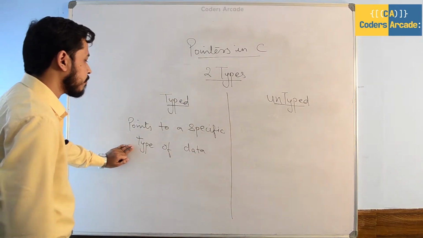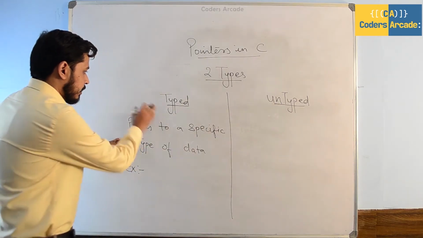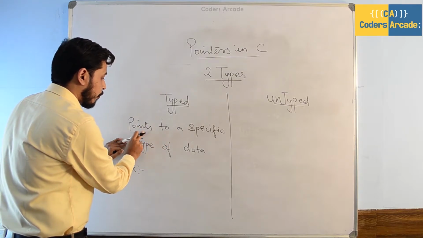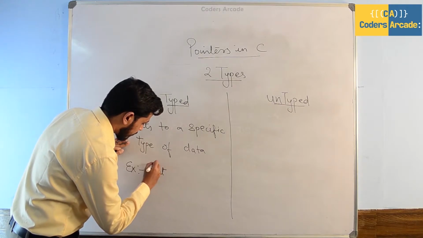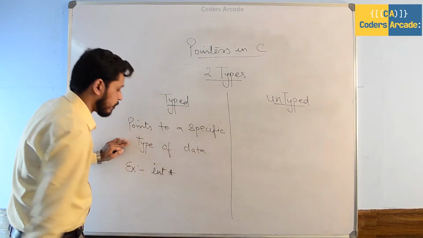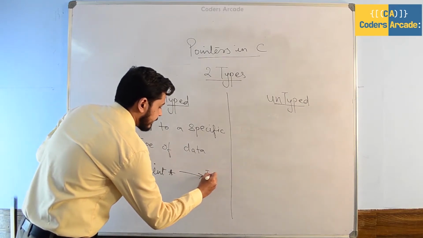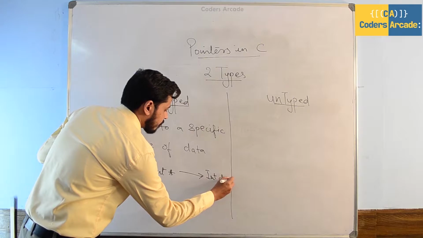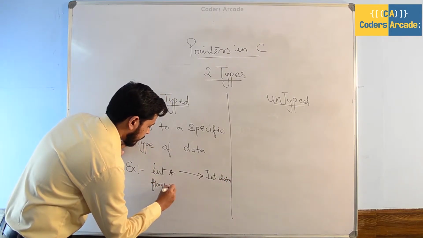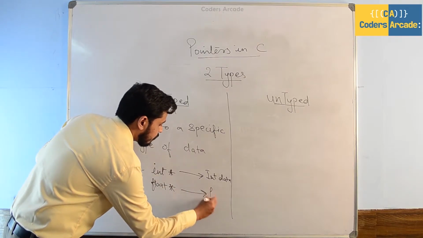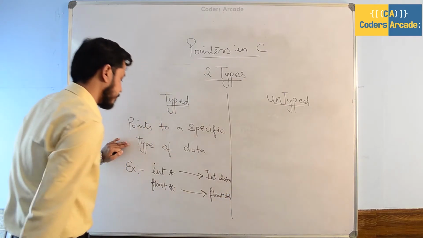What does this mean? For example, an int type of pointer will only point to int data. Got it? A float type of pointer will only point to float type of data.